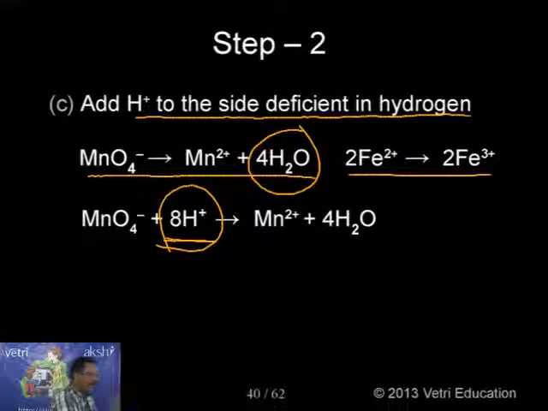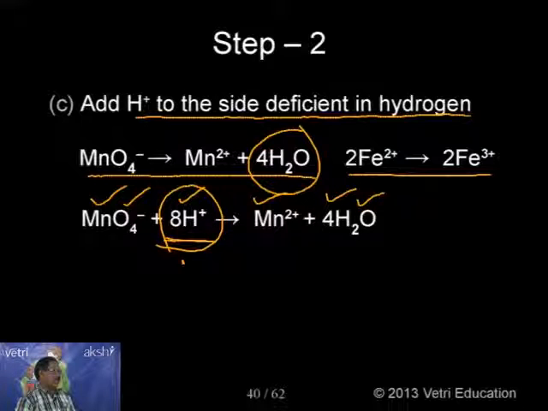Since I have added 4H2O on the right hand side in step 2b, I am adding 8H plus. So kindly remember. Now what is happening? Mn atoms are equal, 4 oxygen again equal, and 8 hydrogen left side, 8 hydrogen right side, everything is equal. Okay, let me go for the next step.